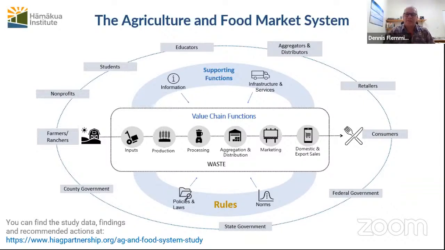The diagram that I'm showing you here is just a simple system map that provides the Hawaii Island Ag Partnership, or HIAP, a kind of radar screen for us to keep track of what elements of the system different projects and efforts are focused on, and how we have a healthy system operating that doesn't just look at agricultural production, but at all the value chain functions from the farm to the consumer that need to be addressed.